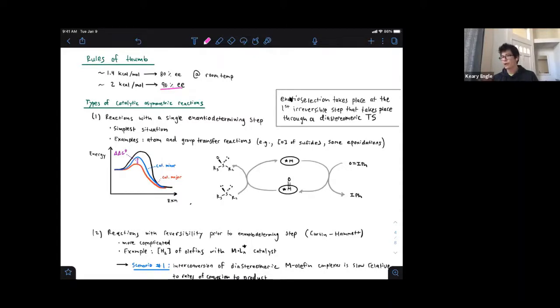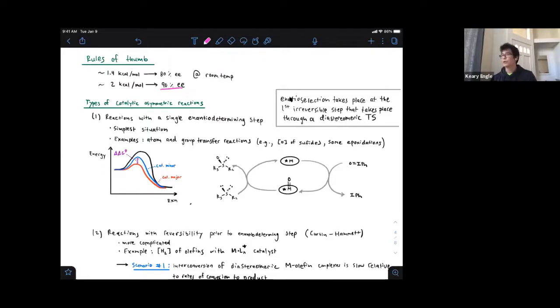So in any catalytic reaction, of course, these have multiple elementary steps. And the enantio-determining step is not necessarily the step that intuitively seems like the one where the stereocenter is formed, for example, where the new bond is formed. The enantioselectivity-determining step is the first irreversible step that takes place through a diastereomeric transition state.